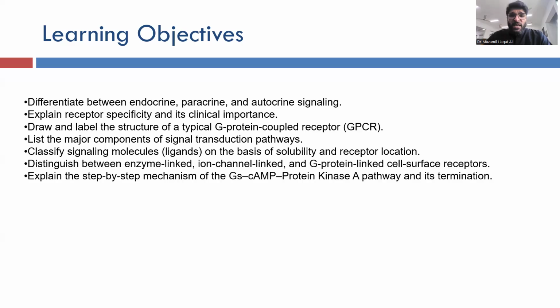And finally, explain the step-by-step mechanism of the Gs-cAMP-Protein Kinase A pathway and its termination.